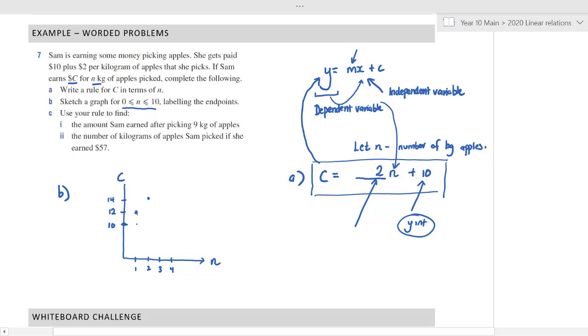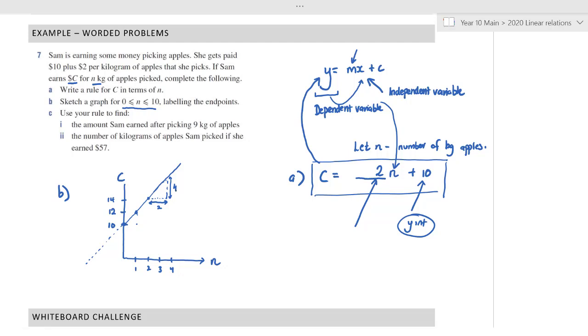Of course we wouldn't extend this line out, because you certainly can't have negative numbers of kilograms of apples. That just doesn't make much sense. So we've just got a straight linear line with a gradient of 2. If I go across from, say, 2 to 4, then if I go across 2, I'm going up 4. Still the gradient of 2.